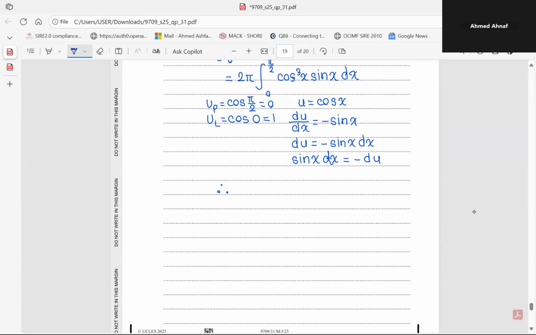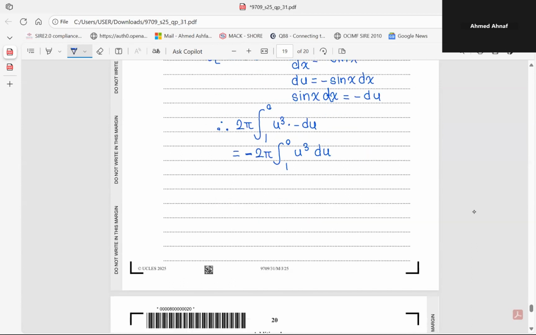Hence, our final integral would be 2 pi, integral with limits 0 and 1, of u cubed times minus du. Let's remove the negative sign out of the integral, so we'd have minus 2 pi integral of u cubed du. Integrating u cubed with respect to u, you would get u to the power of 4 over 4, with limits 0 and 1.